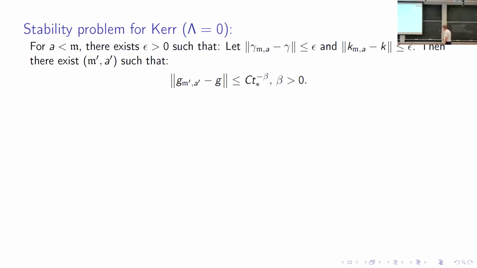Take data which are very close to this data, and then what you expect is that somehow your metric will converge to another member of the family. So with some kind of orbit stability. It's not stability of a single member, it's orbit stability. And you expect in Kerr that this goes at an inverse polynomial rate.